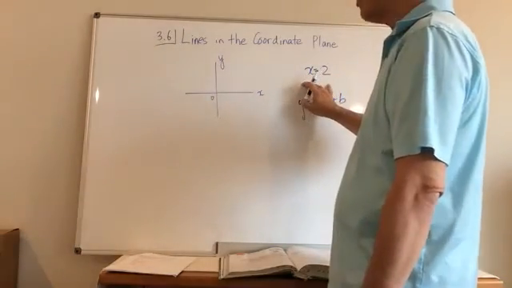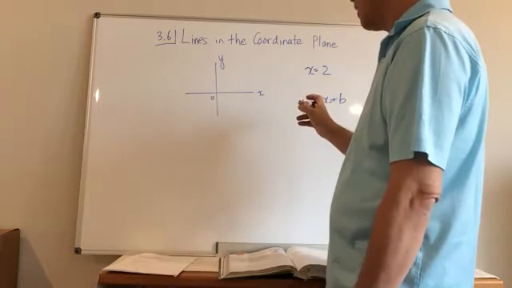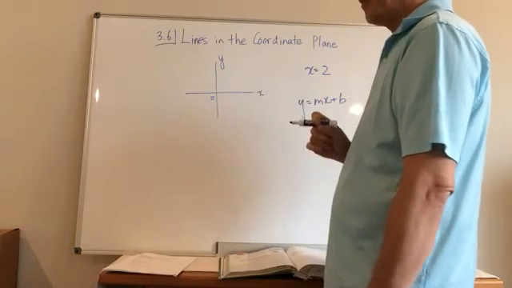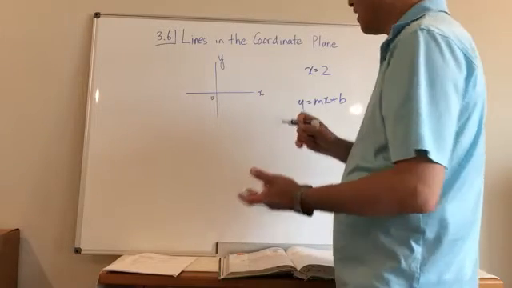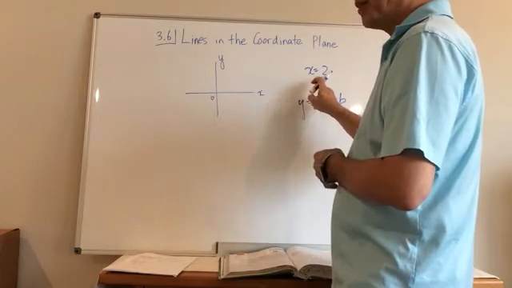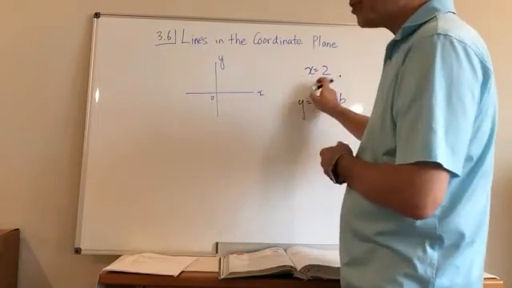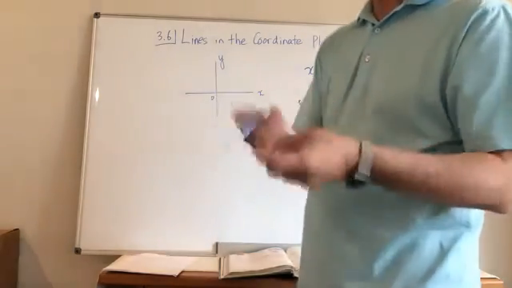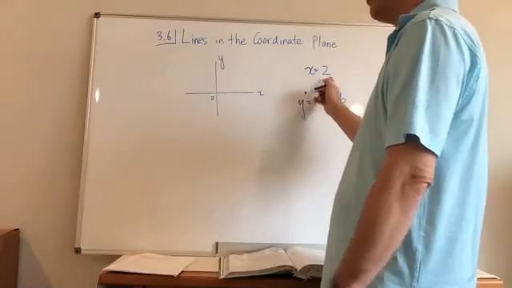So x equals 2 means that when y is equal to 1, x is equal to 2. When y is equal to 10, x is equal to 2. When y is equal to 100, x is equal to 2. In other words, no matter what y is, x is always going to be 2.